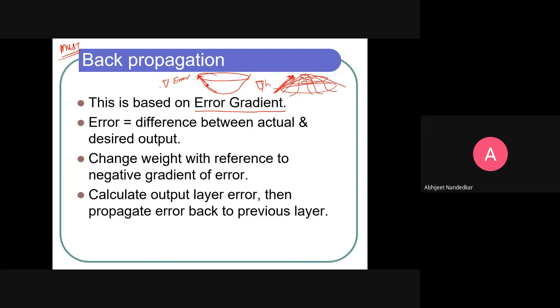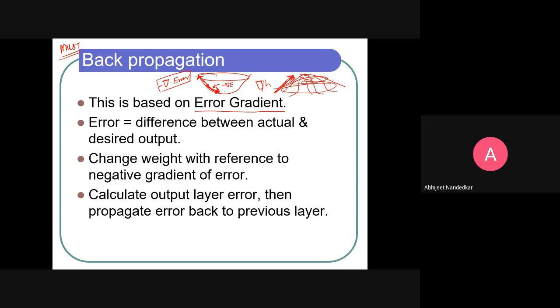But I want the direction on the opposite side because I want to reduce the error. So I will take the negative gradient of error as my direction. So I will move to this side. This is the negative of the gradient of error.